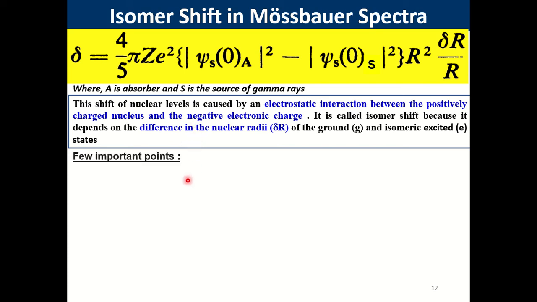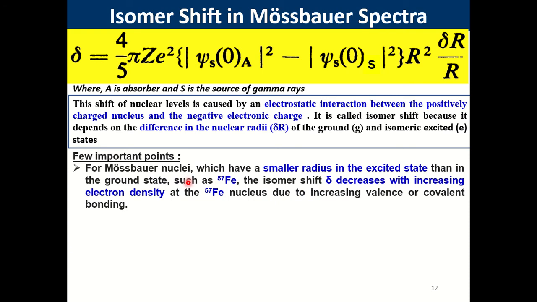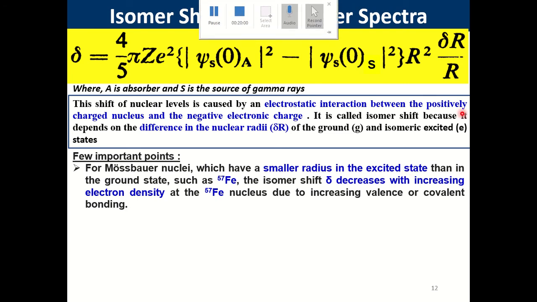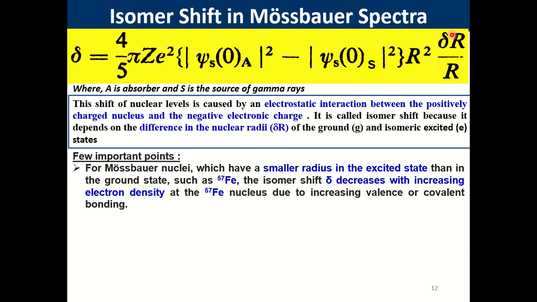So a few important points about this equation, about this electron density thing. You can see that for Mössbauer nuclei which have a smaller radius in the excited state, there are different situations. We are talking about this second term. There are two terms that we are considering over here.